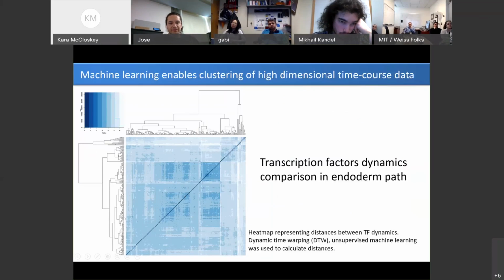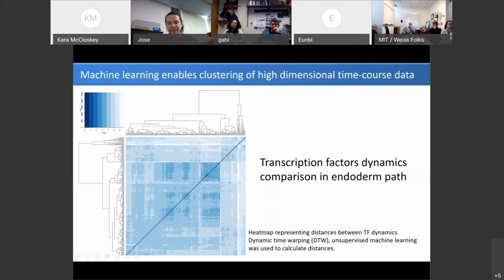And these are some of the results we get when we compare the transcription factor dynamics. This is a heat map of distances. In this case, the stronger the blue, the stronger the association between the dynamics over time of transcription factors. And something that is clear is that there's some grouping, some clustering.